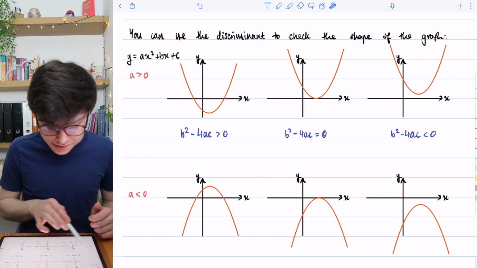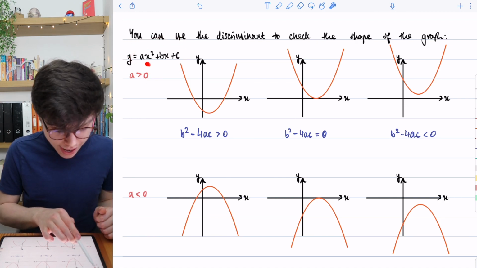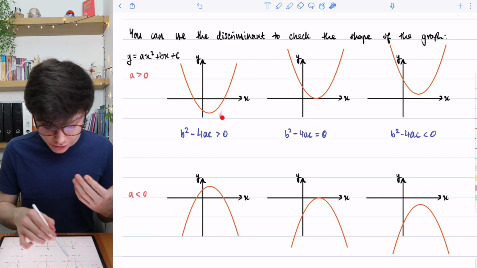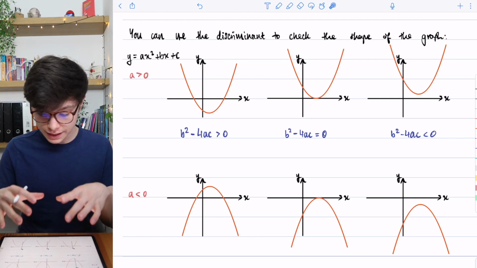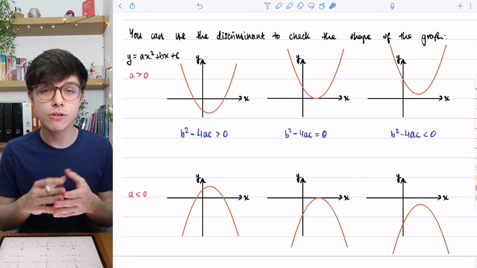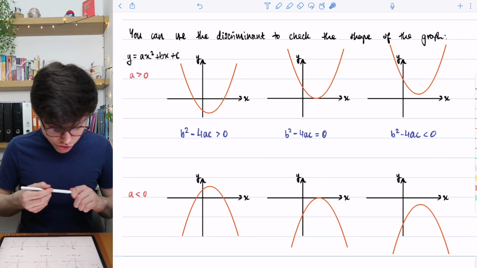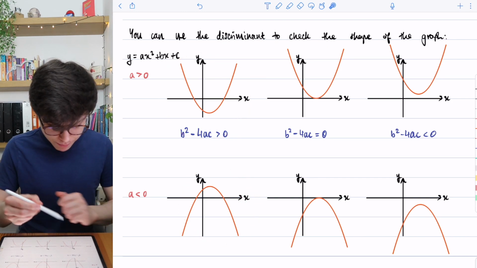Now, each of these comes from an equation like this: y is equal to ax squared plus bx plus c. I've just done some random quadratics here. I don't know what a, b and c are. I'm just purely doing these graphs to demonstrate how the discriminant changes the shape of the graph. So in the first two examples here, we've got a being positive and a being negative.